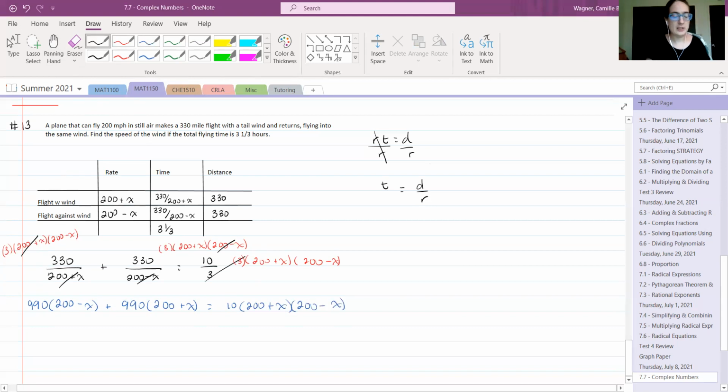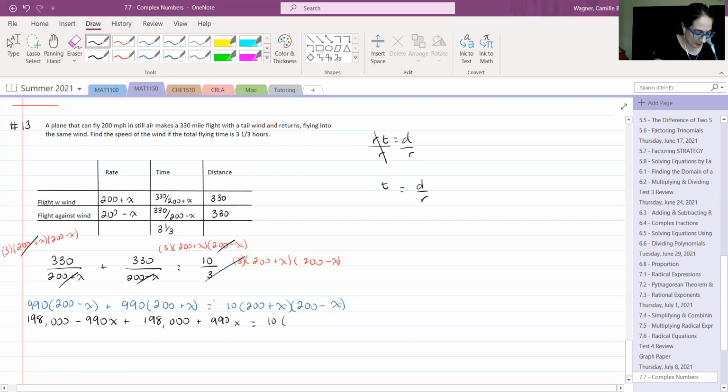Do our multiplication in here. 990 times 200, big numbers. Now these two are conjugates, so I'm going to leave the 10 on the outside, and for the product of 2 conjugates, we're going to square the first.